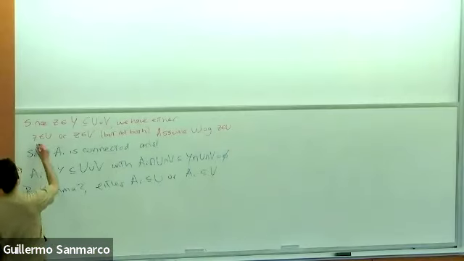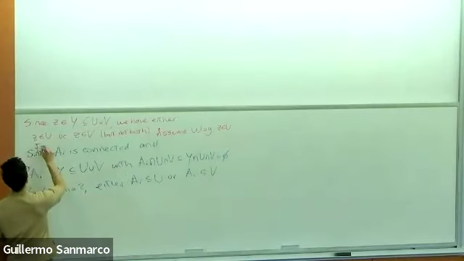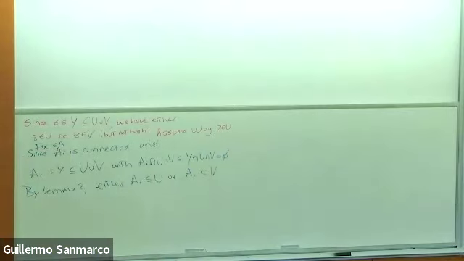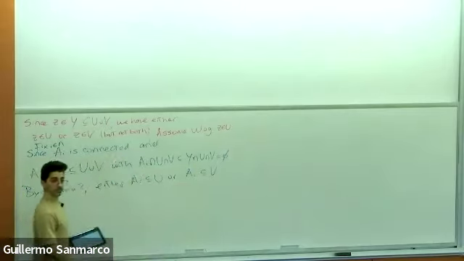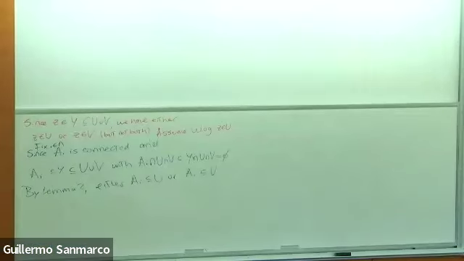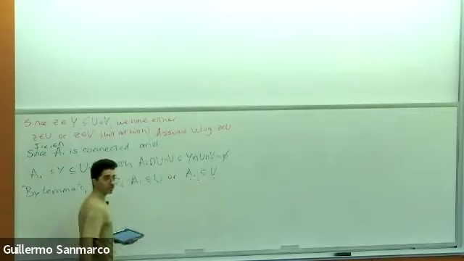And now I will fix an arbitrary index I. So I have one of these two things, and I want to discard this one. I want to get rid of that option.